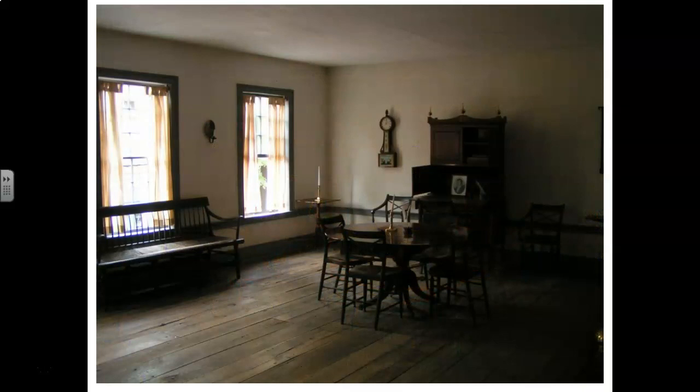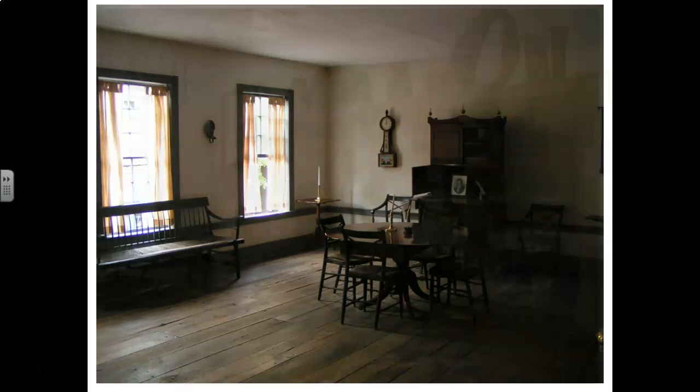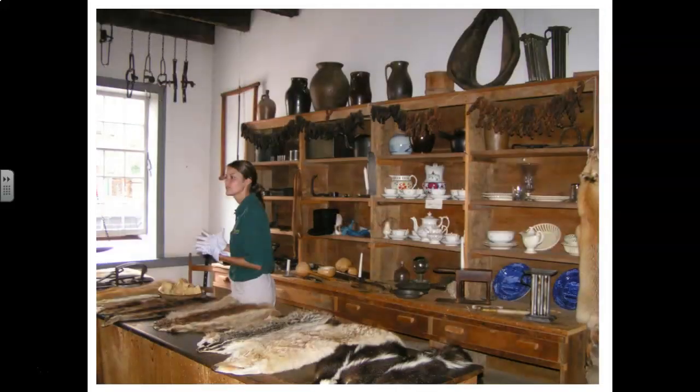So here is again just another view of the governor's office, and it is literally right down the hall from where the House and Senate were. Downstairs in the first story, you had the Peck Brothers hardware store. And so this is a reenactment of some of the things that would have been sold at the Peck Brothers hardware store.